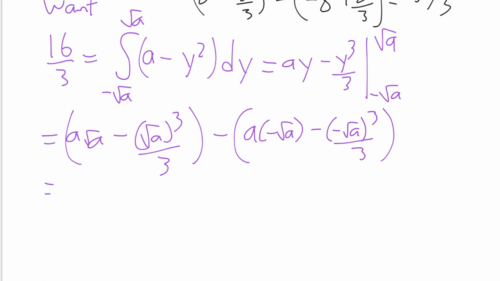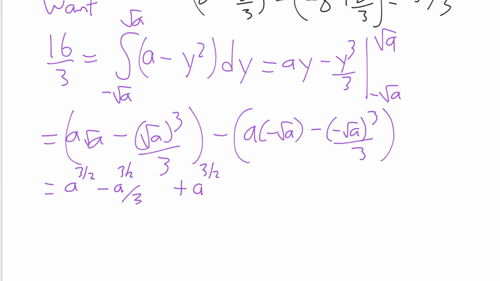So this will be A to the 3 over 2 minus, and square root of A all cubed will be A to the 3 over 2 over 3. Subtract, and since we're subtracting a negative, we'll get plus A to the 3 over 2. And here we're going to have a negative and a negative and a negative.